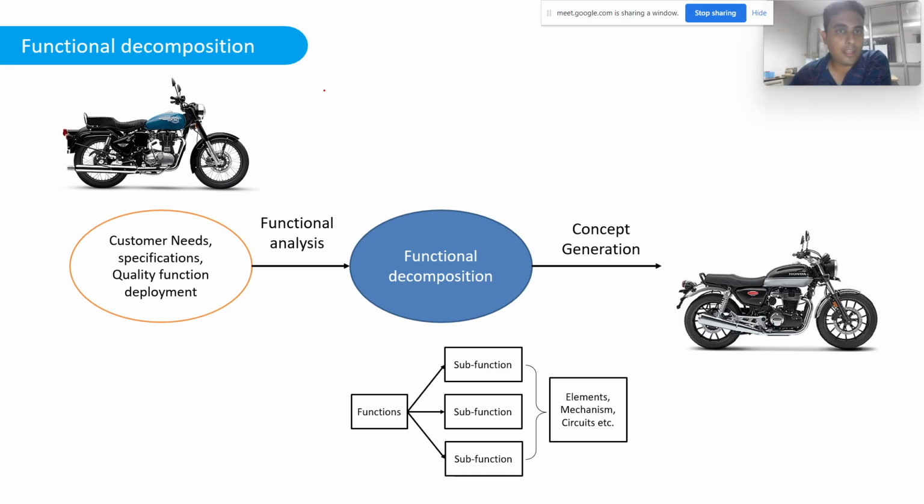So out of the constraints and the functions into which we have classified our specification matrices, we consider the functions as the way to move forward for our conceptual design.